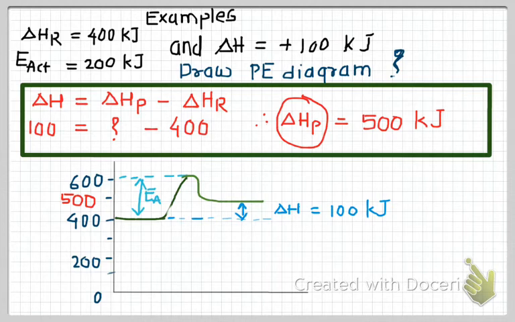And now it's easy to draw the potential energy diagram. On y-axis we have energy, and from the data we know the enthalpy of reactant is 400, energy of activation is 200, so 400 plus 200 is 600. And as we calculated from the formula, we have enthalpy for the product as 500. So this is what our graph looks like. Thank you friends for listening.